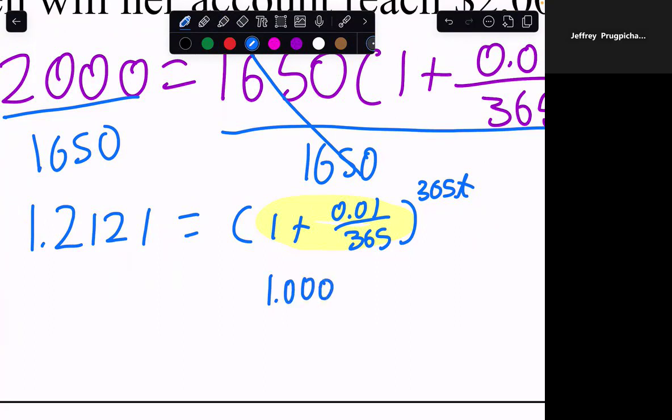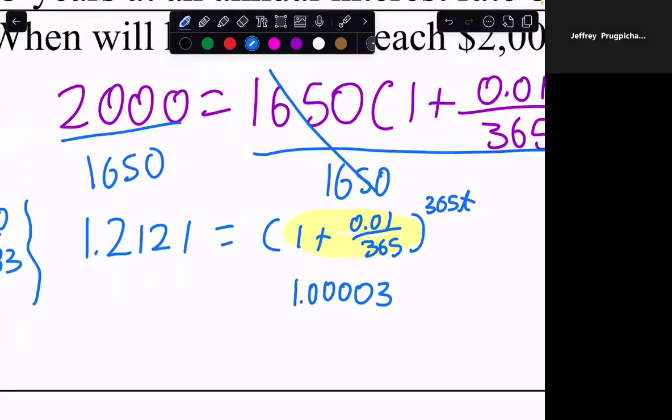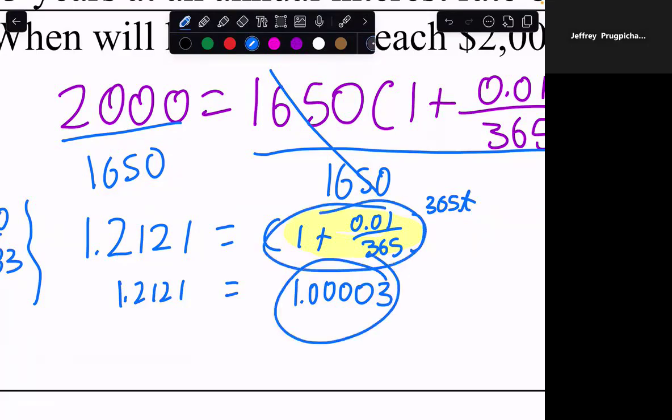You need the numbers to be not 1, so I'm going to go until I get a number that's not 0. It's 1.000027, so I'll round the 27 up to 3. Don't forget, this was just the highlighted parentheses. We still have the exponent attached to it.